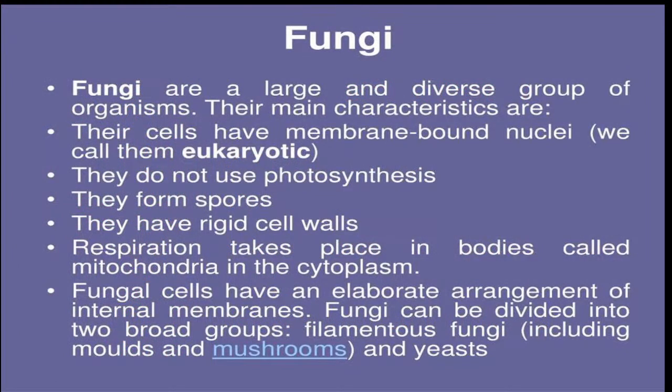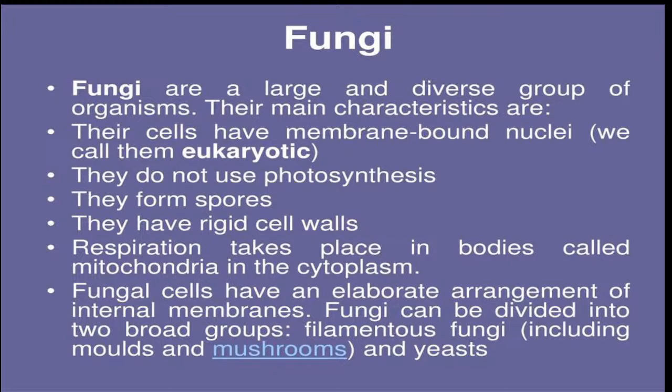Now fungi, as we know well, are a large and diverse group of organisms. Their main characteristics: the cells have membrane bound nuclei. They do not use photosynthesis, that means they depend upon another source of food material. Then they form spores, that is, their reproduction is through spores. They have rigid cell walls. Respiration takes place in bodies called mitochondria in the cytoplasm.